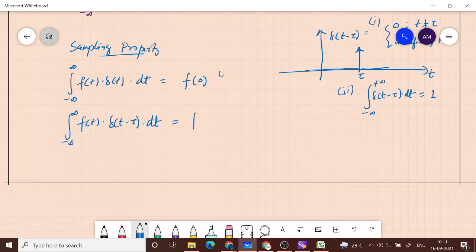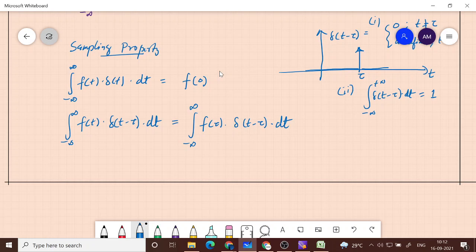Therefore I can write this function as f of tau into delta of t minus tau, because at all other places I am multiplying with 0. It doesn't matter whether I put f of tau or f of t, after multiplication with 0 it is exactly the same. Do you agree?